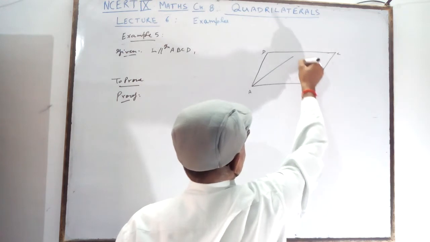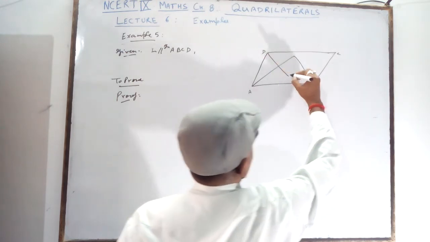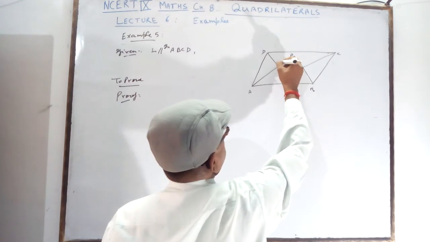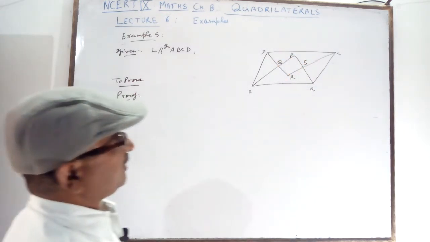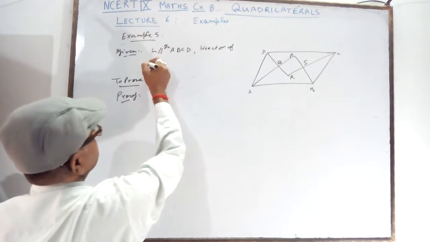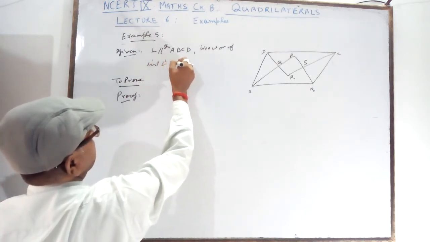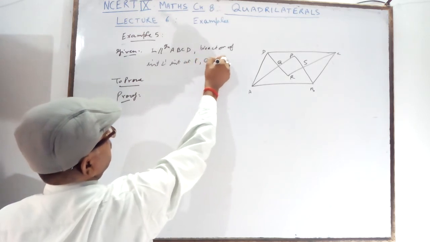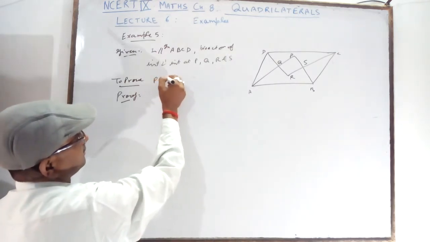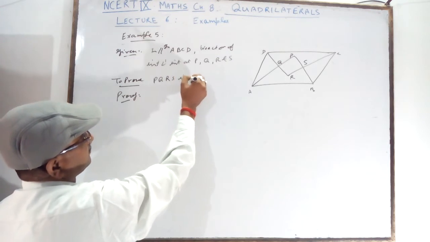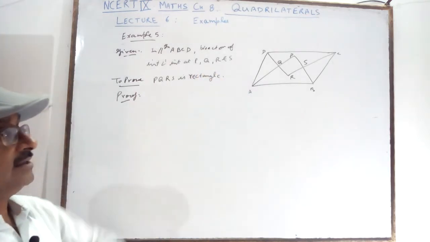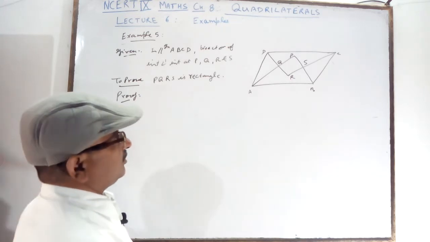These are the bisectors of the angles, P, Q, R, S. The bisectors of the interior angles intersect at P, Q, R and S. To prove: PQRS is a rectangle. So easily you can find out.